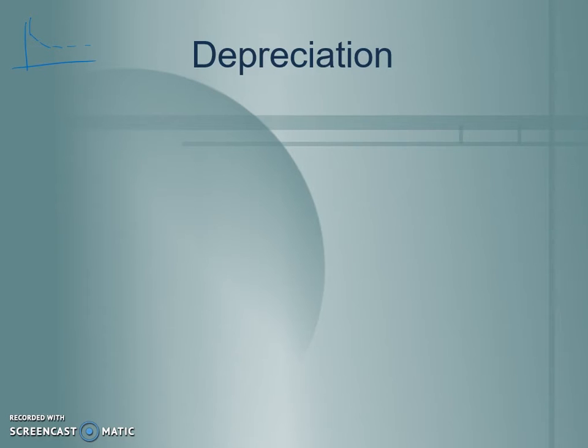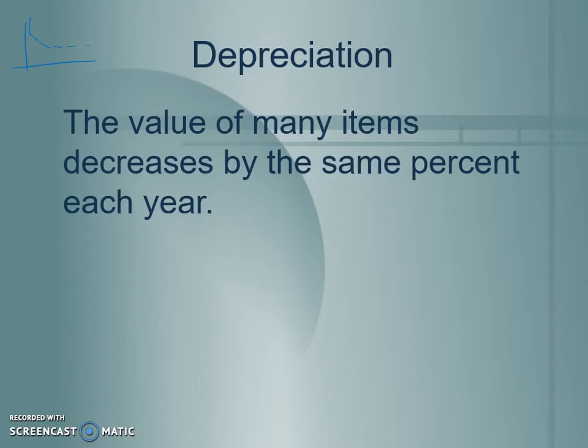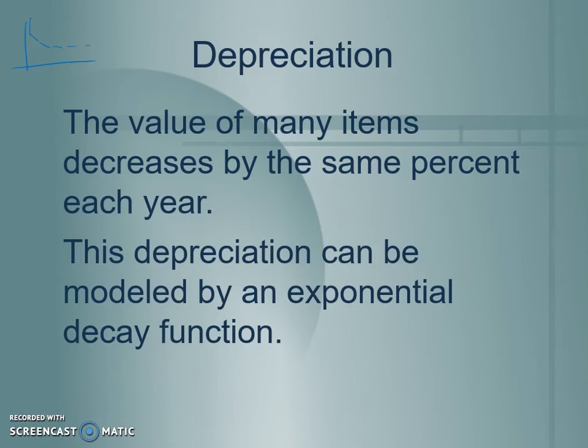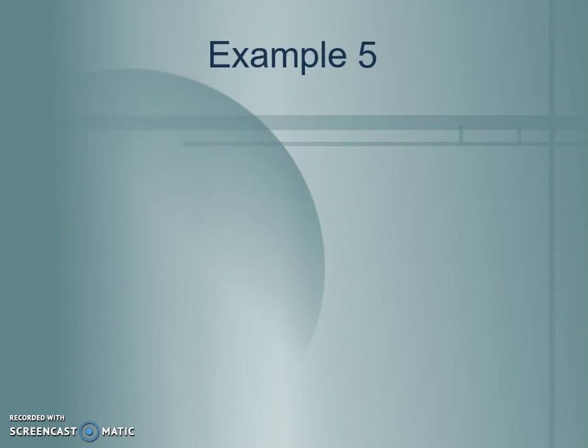It's depreciated. So electronics, especially your computer, your car, your appliances around your house, all these things depreciate, and they are assigned a new value based on that depreciation. So the value of many items depreciates or decreases by the same percent each year, and that is depreciation. That's what we just talked about.